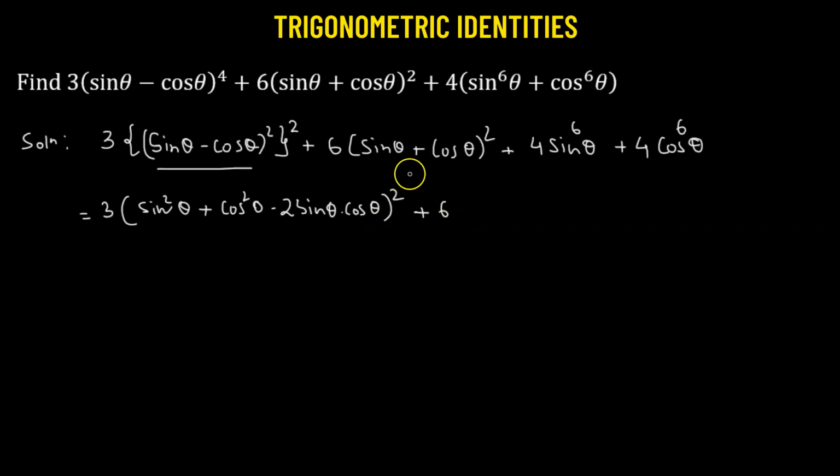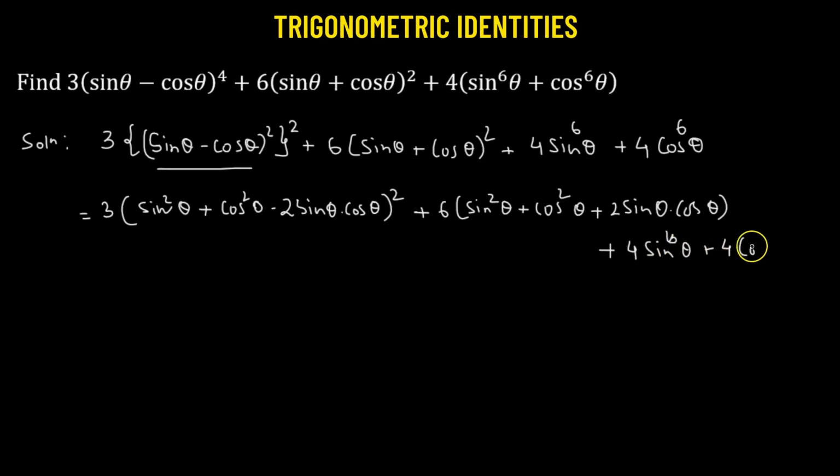Plus 6 times: we'll expand (sine theta plus cosine theta) whole squared to give us sine squared theta plus cosine squared theta plus 2 times sine theta times cosine theta, plus 4 times sine theta whole raised to the power of 6 plus 4 times cosine theta whole raised to the power of 6.